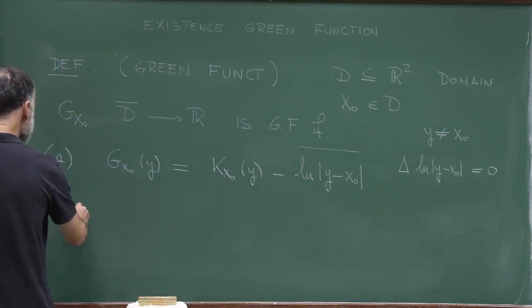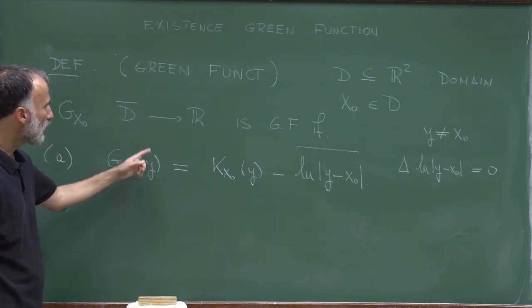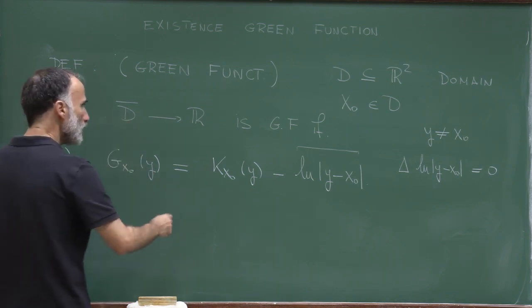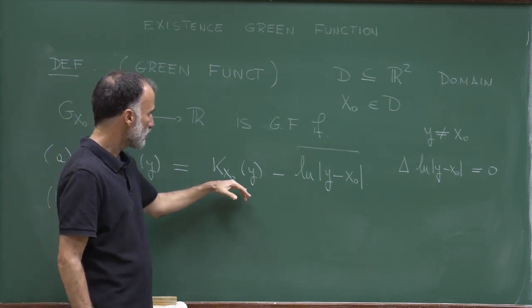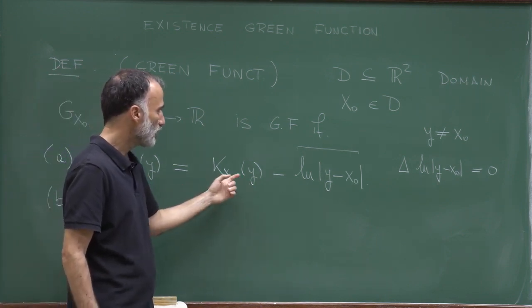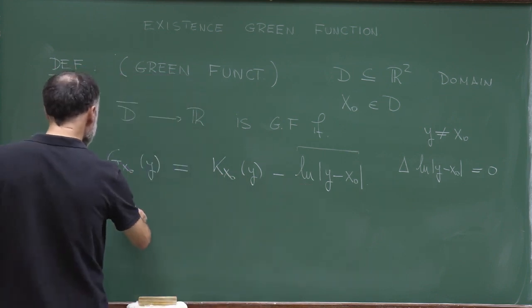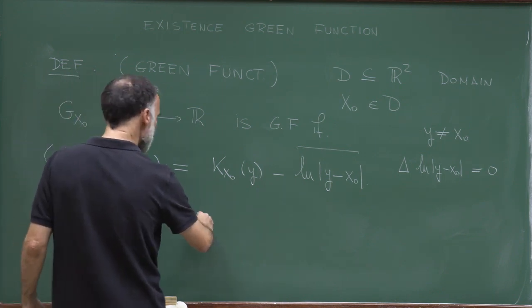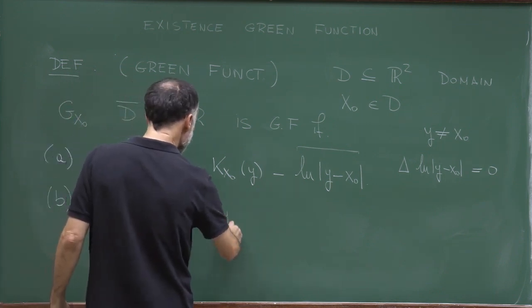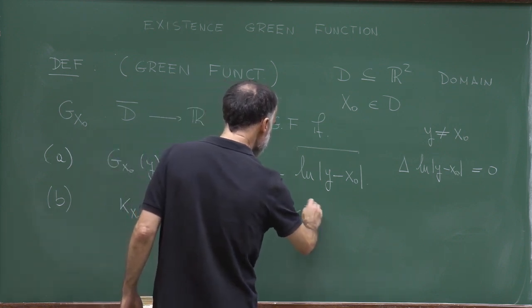Now, second condition will impose g to be equal to 0 at the boundary of D. For g to be 0 at the boundary, this is the same thing as requiring k to be equal to log at the boundary. So the second condition states that k x0 y is equal to log y minus x0 for y at the boundary.